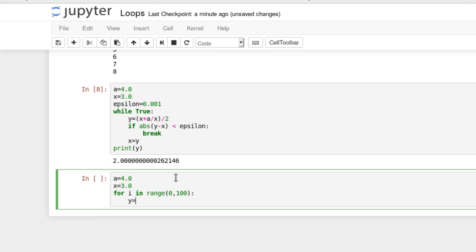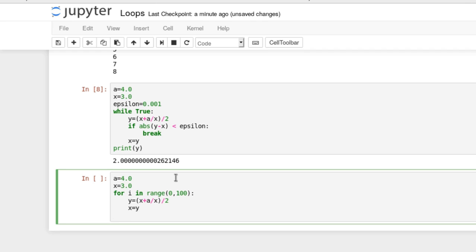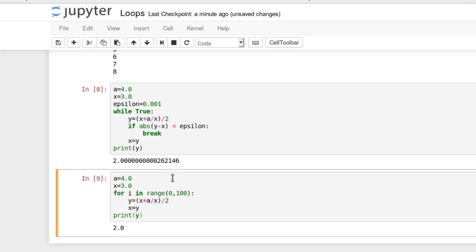Then you will be finding y equal to (x plus a by x) divided by 2. Then you will be switching the values, x equal to y. This will get executed and you will be printing the value of y. So, you will be getting 2.